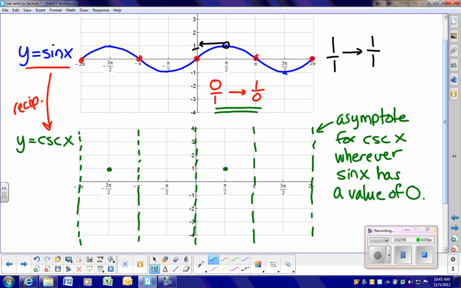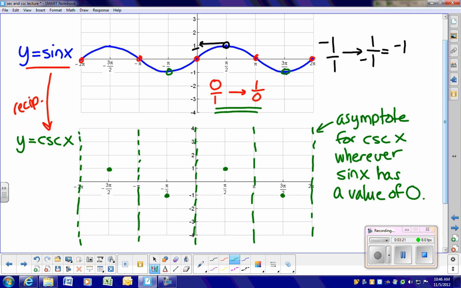Similarly, if I'm looking at the value -1 and I take the reciprocal, that equals -1. So every place that sine equals -1, which would be here and here, cosecant will also have a value of -1. So far what we have is a series of asymptotes with dots that go up, down, up, down, up, down. That's what we've got, okay?